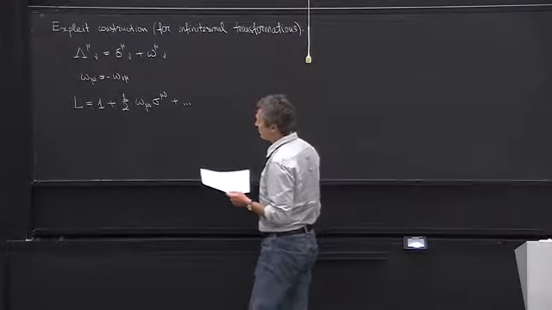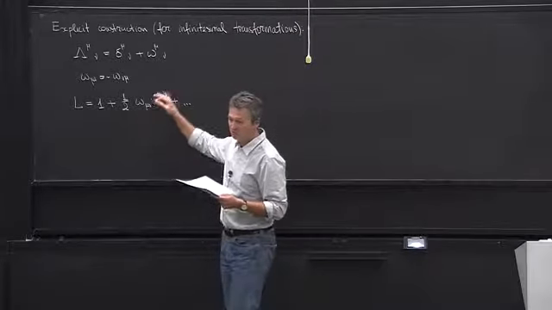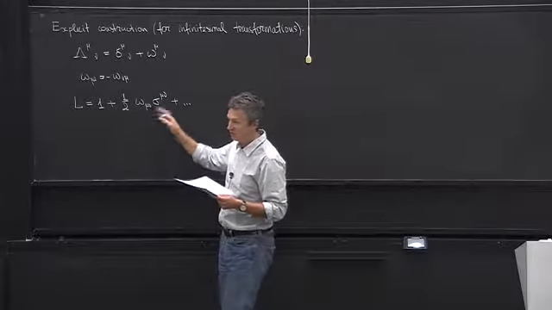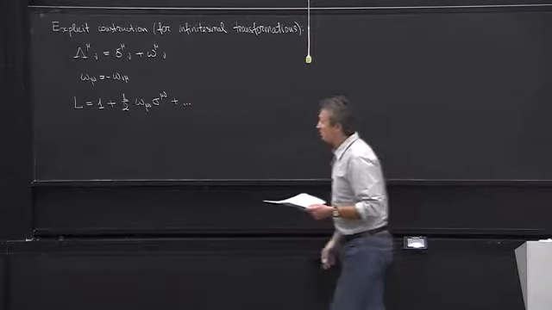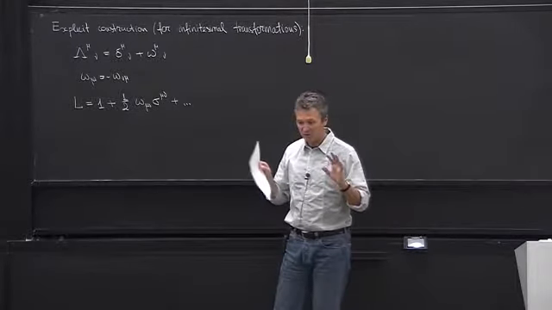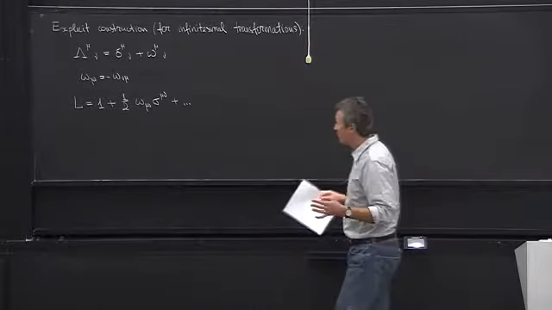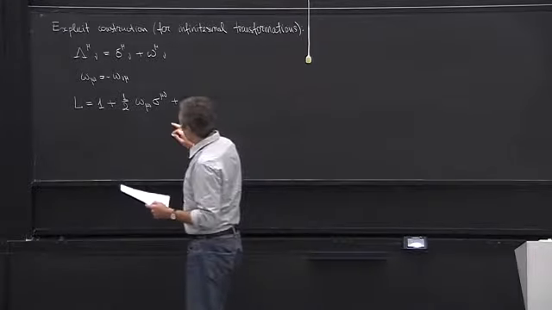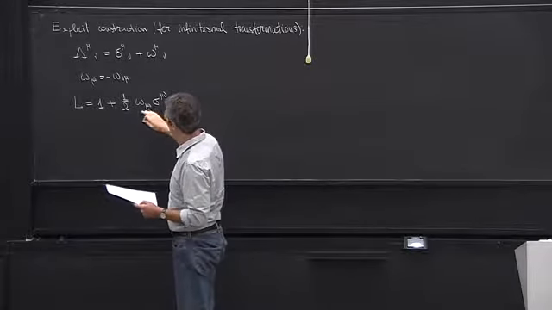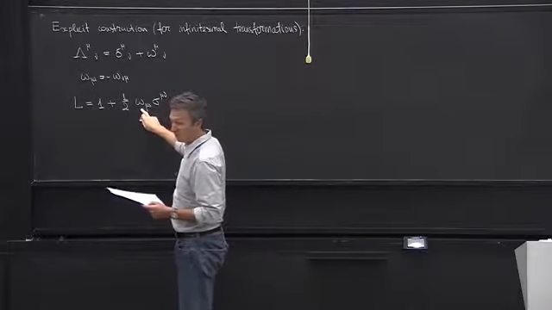But as usual in group theory, it's enough to understand the linear part of the transformation rules. The nonlinear part is reconstructed by group theory. So it's enough to understand how the Lie algebra is represented to understand the representation of the Lie group. Anyway, what we want to achieve here is to substitute this for L in the equation and linearize in omega.